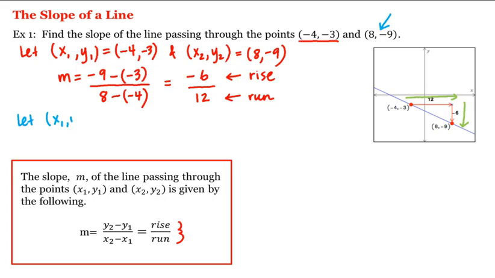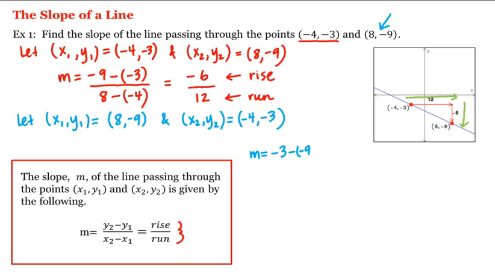So if we let x1, y1 equal 8, -9, and x2, y2 be equal to the other point, -4, -3, then by this formula, we get m is equal to y2, which is -3, minus y1, so minus a -9, divided by x2, which is -4, minus x1, which is 8, which is equal to 6 divided by -12.